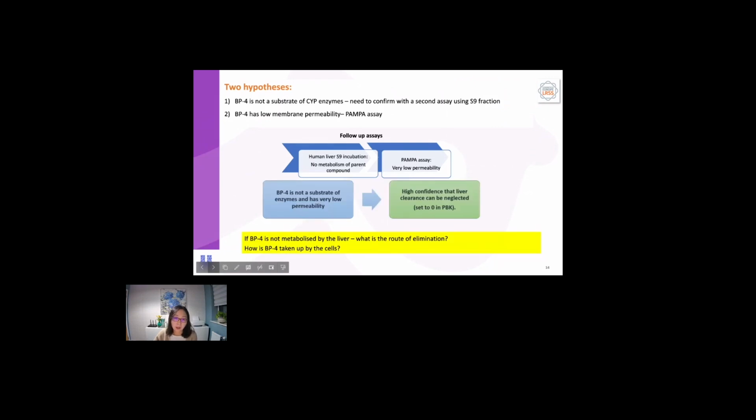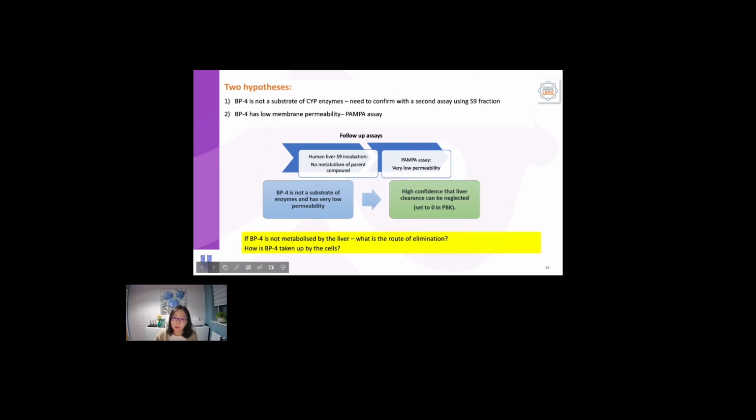We've got two hypotheses. The first one was BP4 is not a substrate of liver enzymes. And the second one is BP4 has very low permeability, so it has limited access to those liver enzymes. In order to confirm those two hypotheses, we have conducted some follow-up assays. The first one is to perform an S9 incubation stability assay.